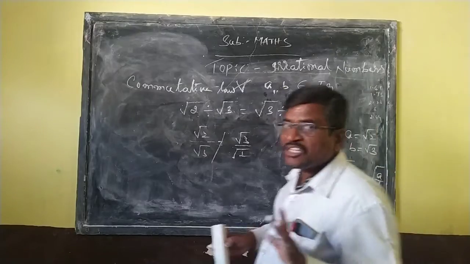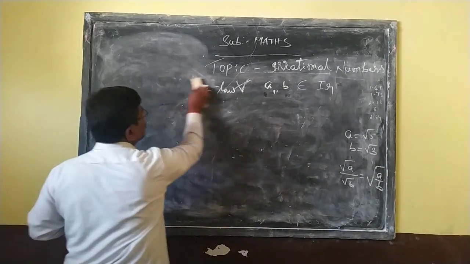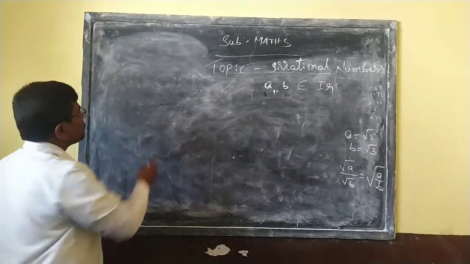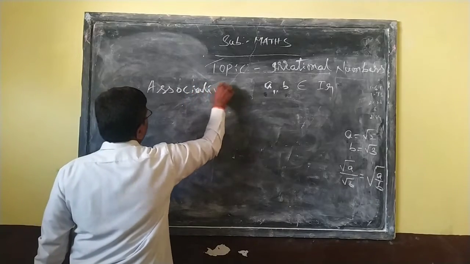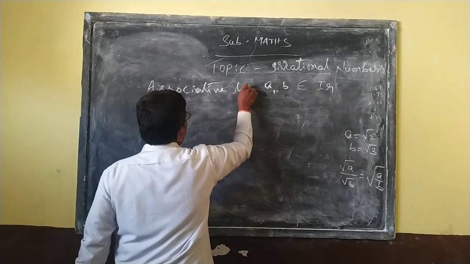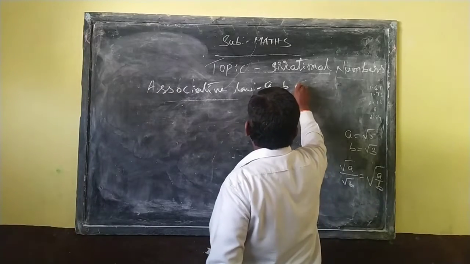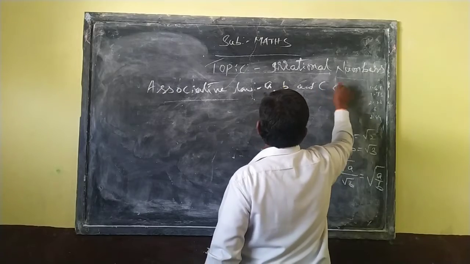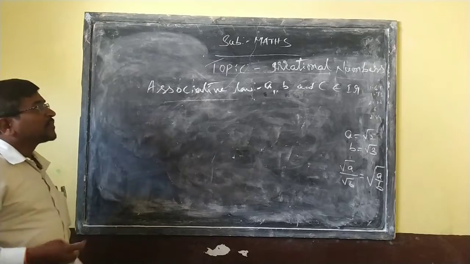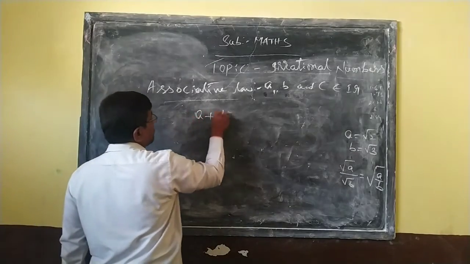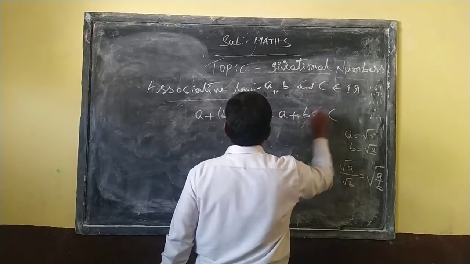Be careful, okay, students? In the same way, the associative law, or you can say associative property: A, B and C belong to R. So A plus B plus C is equal to A plus B plus C, grouped differently.